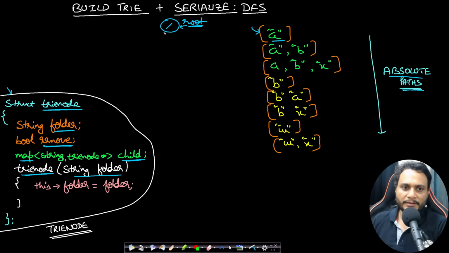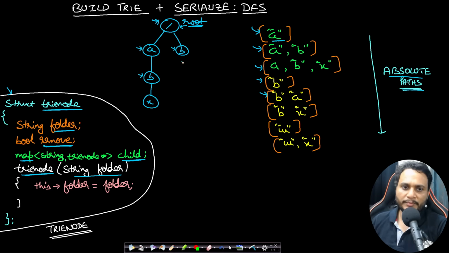So now let's do it. We do not have a node a, so make node a. Now insert ab. So from root node you already have a, so get b. That's it. Now insert abx. At the root node you already have a, you already have b, then insert x. Okay, you are done. Insert b. From the root node you don't have b, so insert b. Now after b, you look at ba.